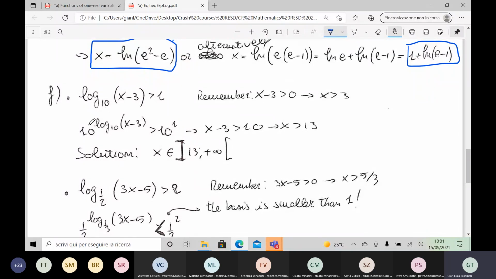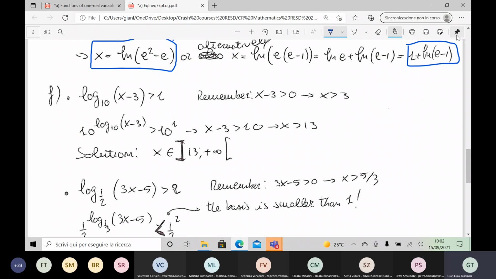So if you apply the exponential transform and the basis is bigger than 1, then the direction of the inequality is unchanged, because the exponential function with basis bigger than 1 is something like this.